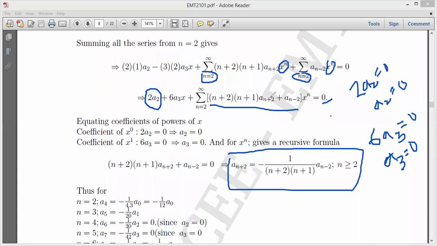And for this one here, of course, a(n+2) will give the highest. So we make this one the subject. In terms of recursiveness, we make a(n+2) the subject. That is this one here. So since this is 0, remember this one is a plus. When it crosses, it becomes a negative. That is why you see you have this.